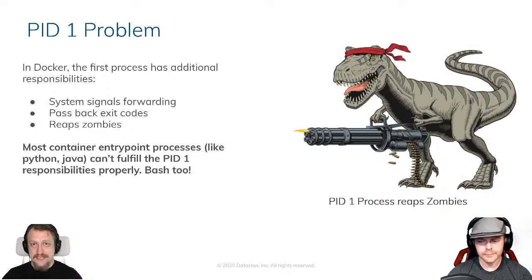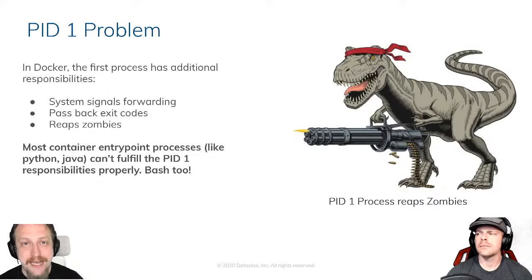It has to process signals first, and second, forward them to all sub-processes. And the problem is, most container entry point processes, Python, Java, even Bash, do not fulfill the PID1 process responsibilities properly. And we run into a lot of weird situations.